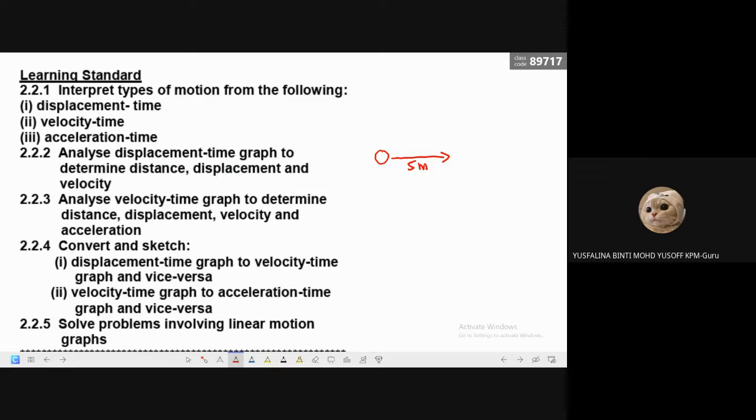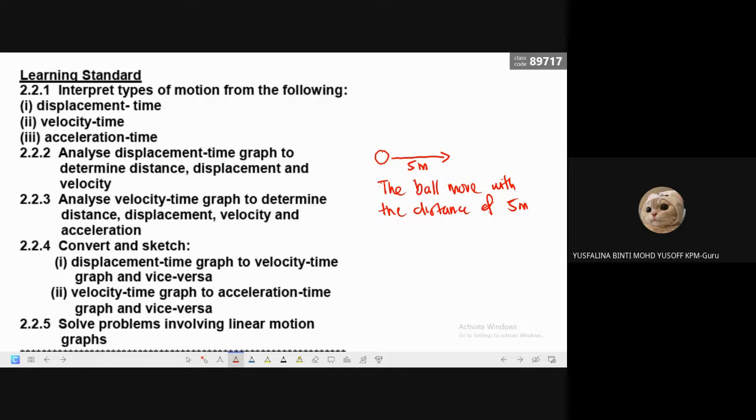For this one, we say the ball moves with a distance of 5 meter. So this is the first sentence.